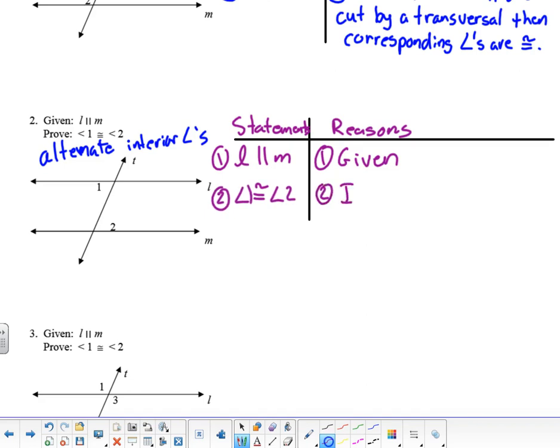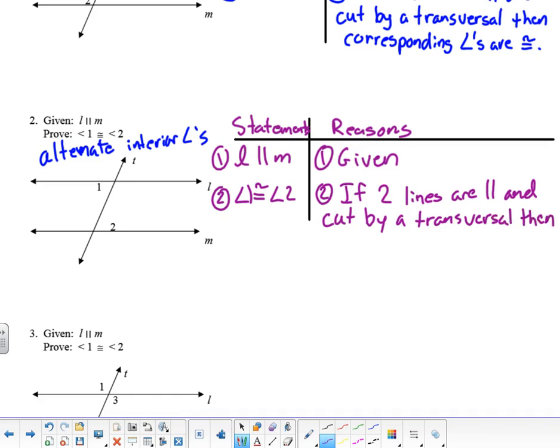So here's the reason. If 2 lines are parallel and cut by a transversal, then what angle pair are these? Alternate interior. So alternate interior angles are congruent.